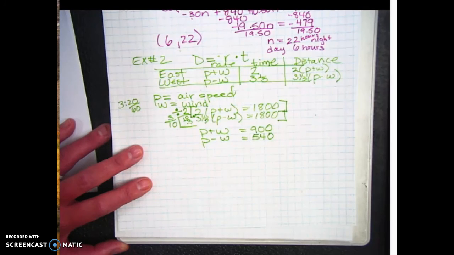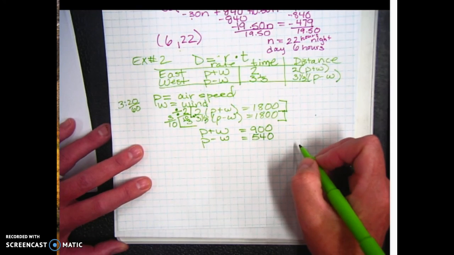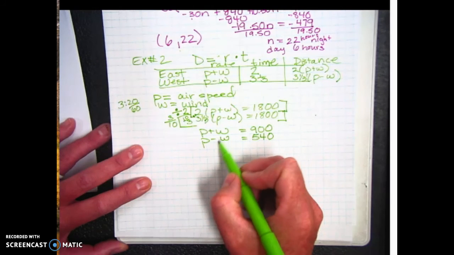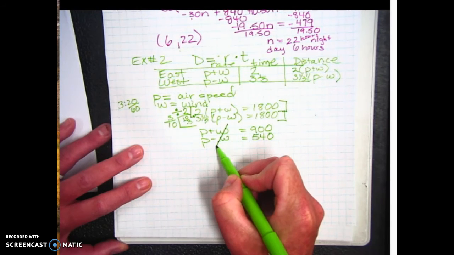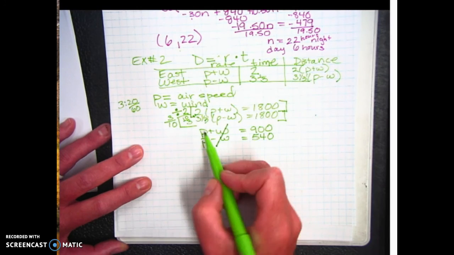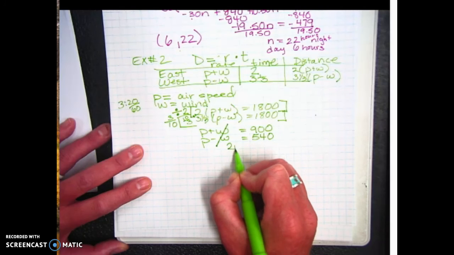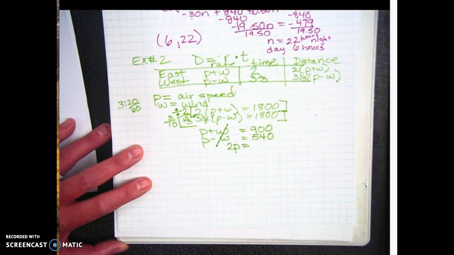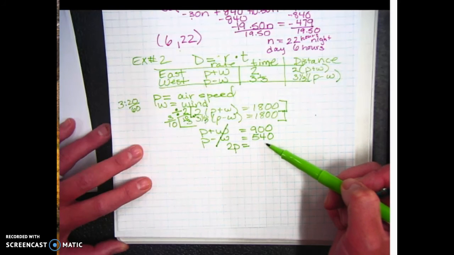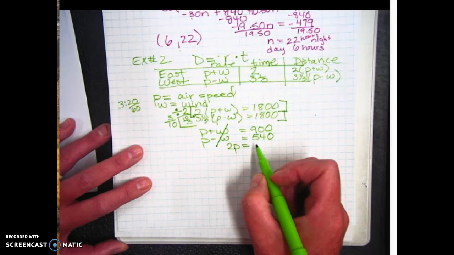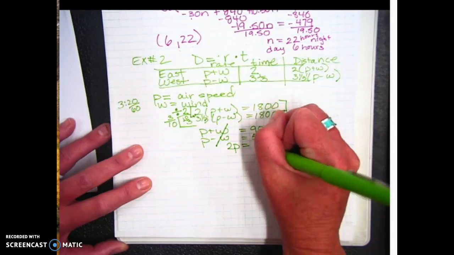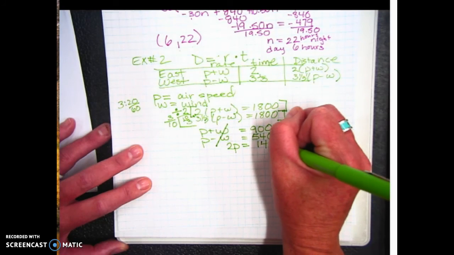Now they're set up perfectly for elimination, right? Okay, so the W's eliminate, which is the way we designed it to come out. The P's we add together, we get 2P. And then the 900 and 540 add together, I got 1,440.